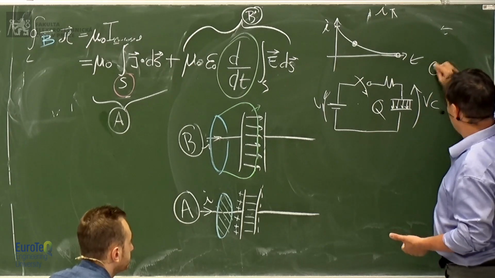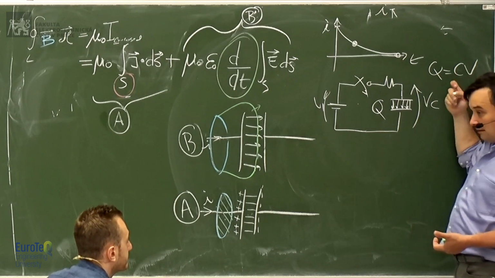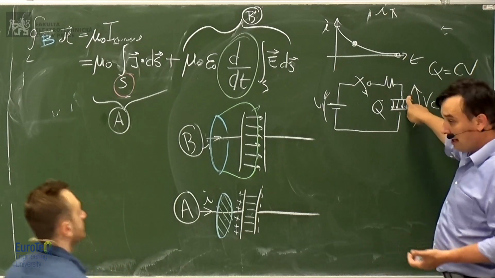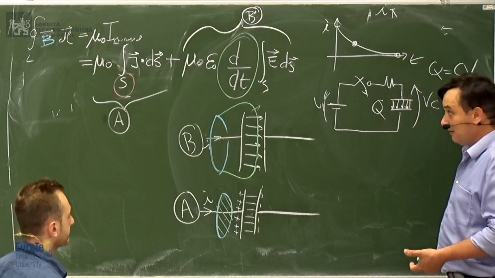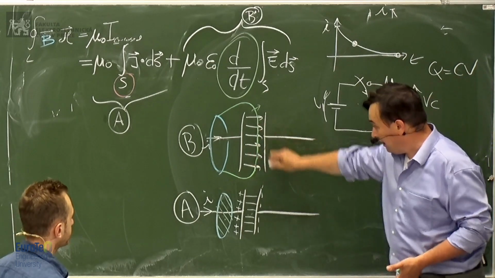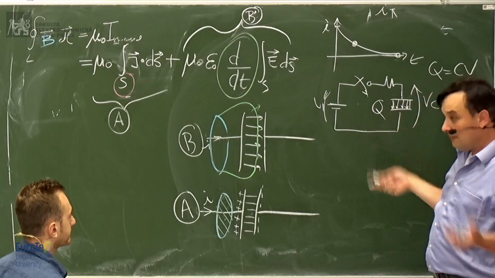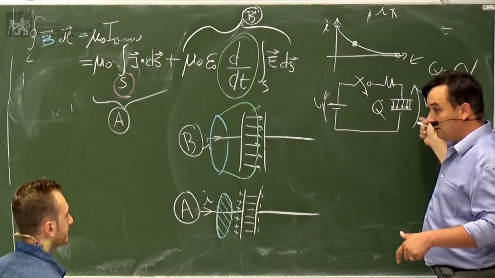You remember? So if I have a voltage, I have a charge. If I have a charge, plus, plus, plus, minus, minus, minus, I have an electric field. So here I have the electric field after the current arrives to 0. It doesn't mean that I have 0 voltage.